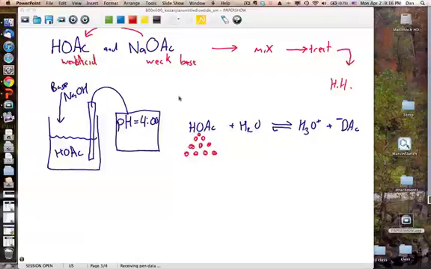And then you start adding base, which then converts that into our conjugate base, allowing us to build up an amount of weak base present in solution. So we create the weak base in situ within the system. Again, this is one of the more common ways to do it in the lab.